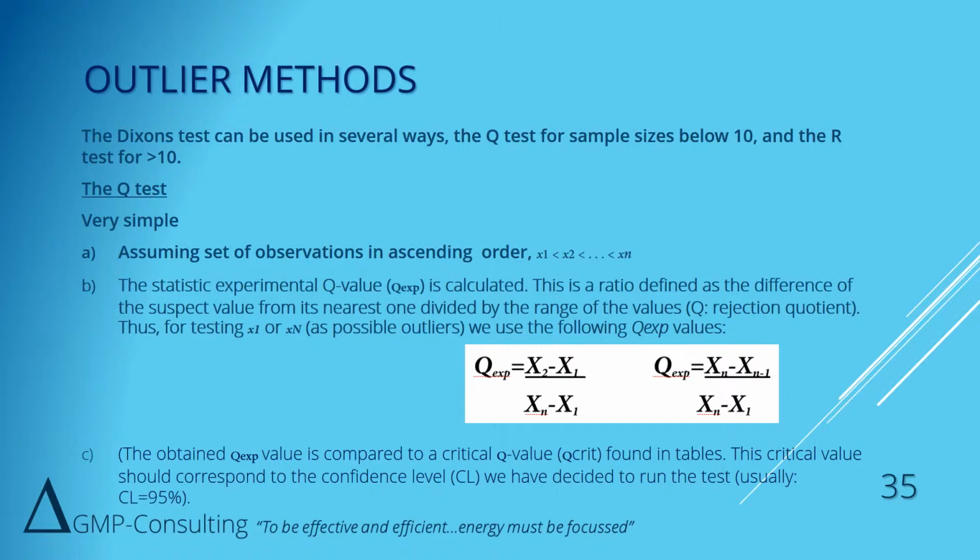And you basically work out what's called the experimental Q value, and it's the ratio between the difference between the highest and the lowest and the range.